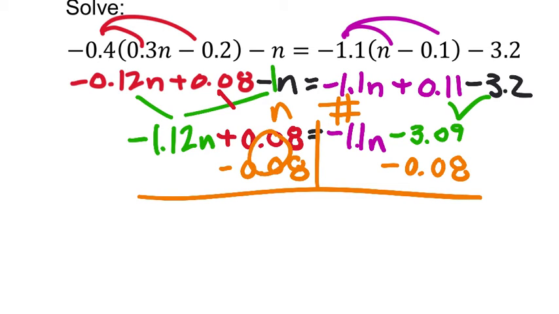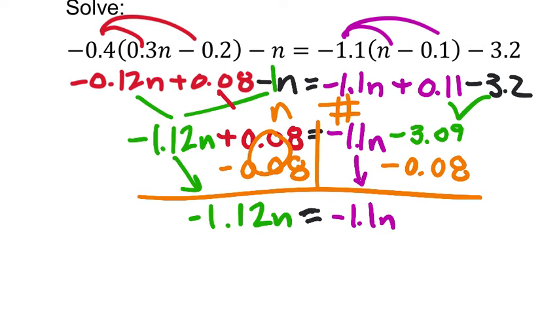That zeroes that out. I'll drop my negative 1.12n. We zero out the 0.08. This equals, we'll drop the negative 1.1n, too. And then negative 3.09 minus 0.08 should be negative 3.17 on there.